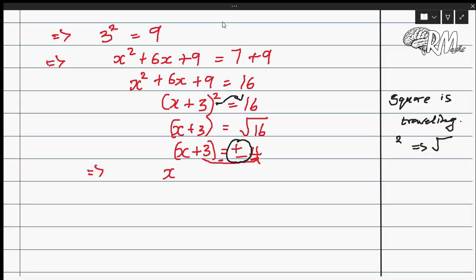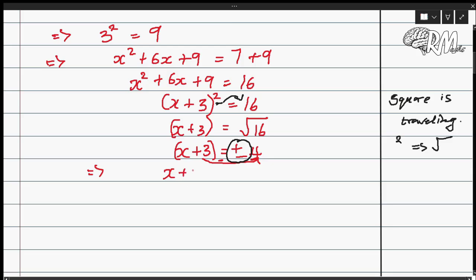So first I'm going to do x plus 3 equals positive 4, and also x plus 3 equals negative 4. It's just like I separate the 4 into two parts, the plus 4 and the negative 4.